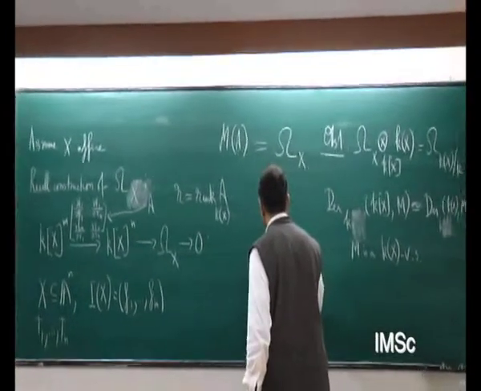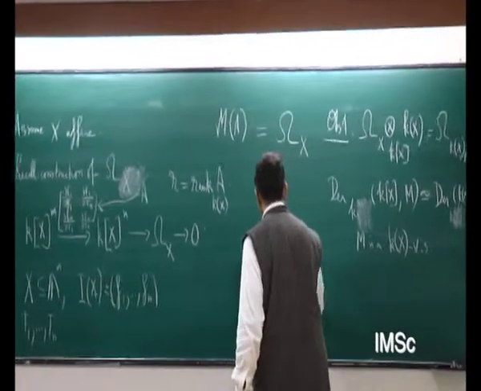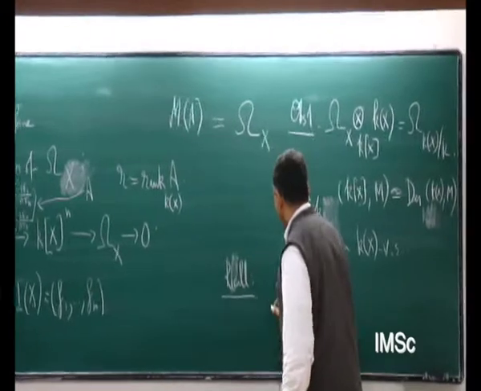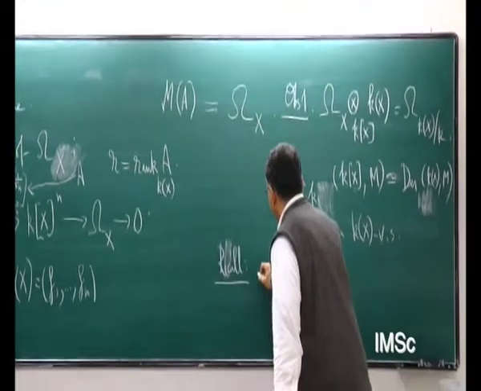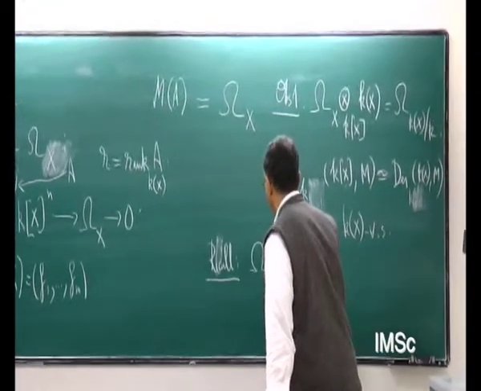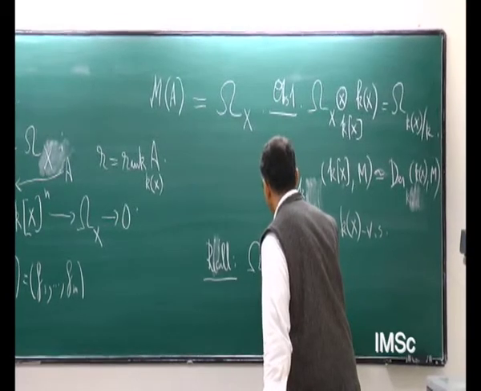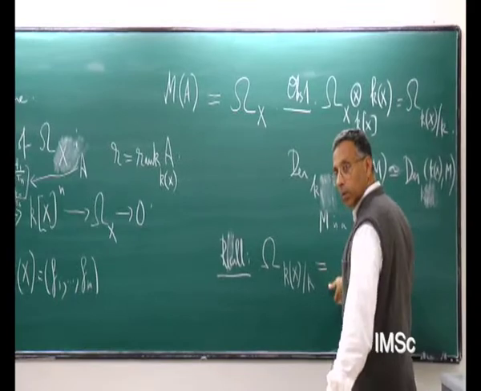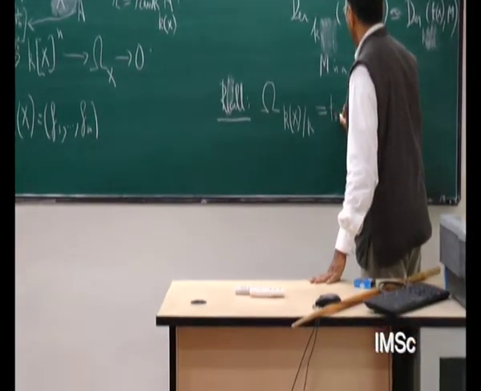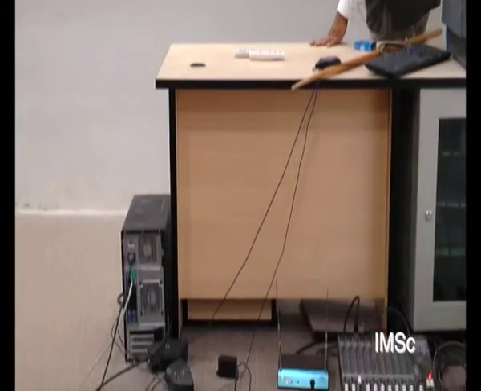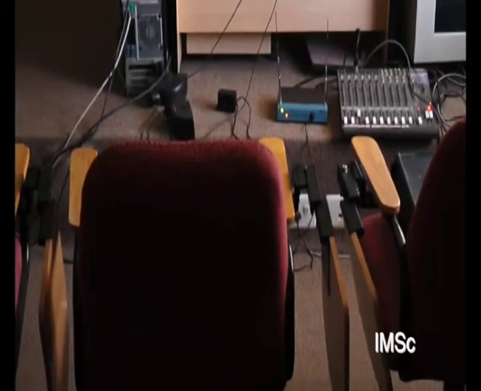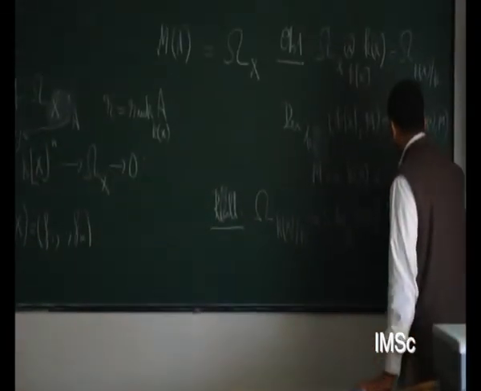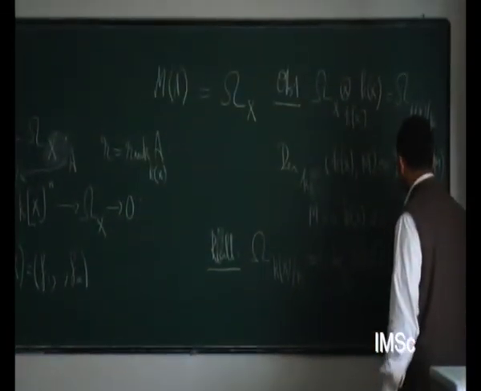Recall that if I have, or let me say it like this, this is equal to the transcendence degree of kx over k, because of course this is equal to the dimension of x.